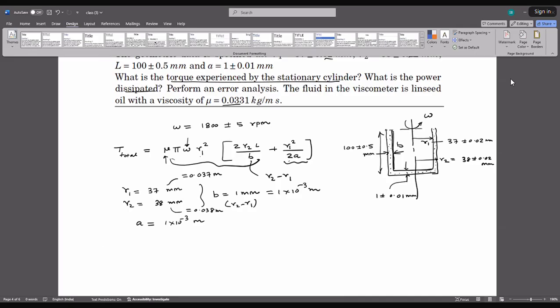So now we can find out the total torque.